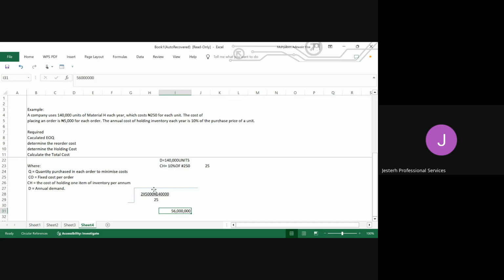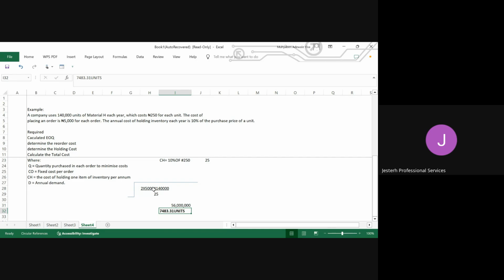Now this 56 million, we are using square root. You now go to your calculator and press square root. Once you press square root, it's going to give you 7,483.31 units.